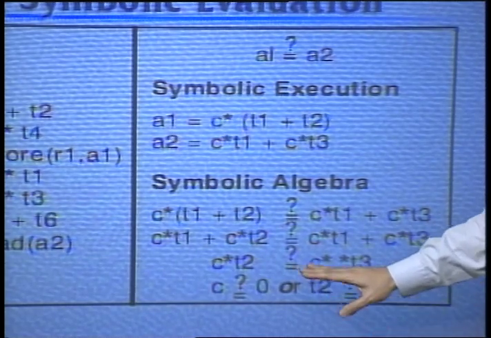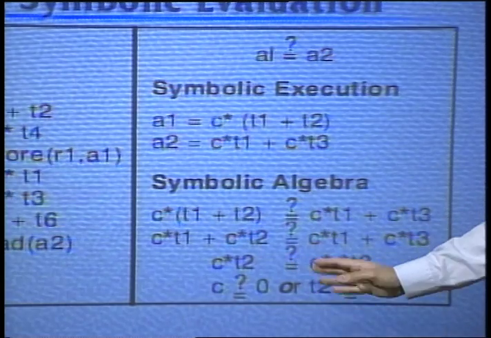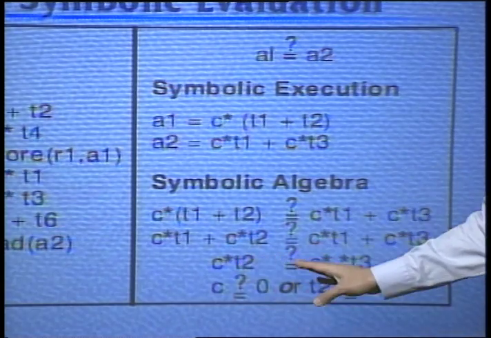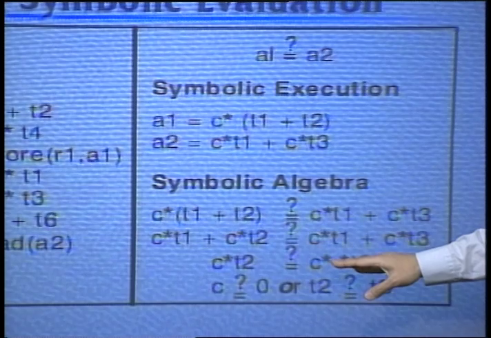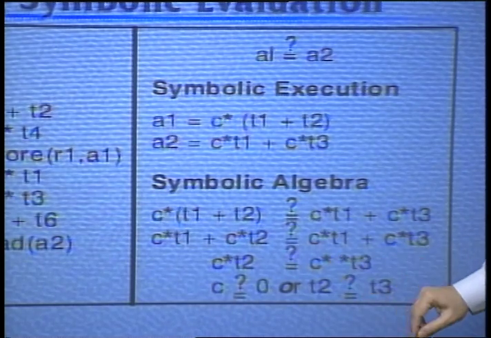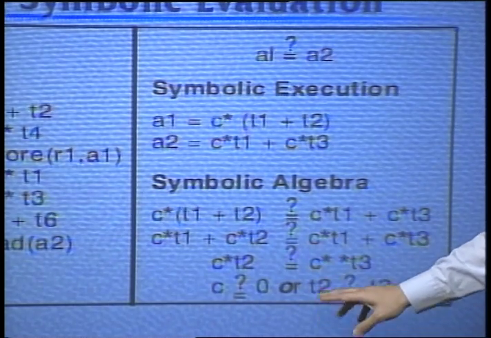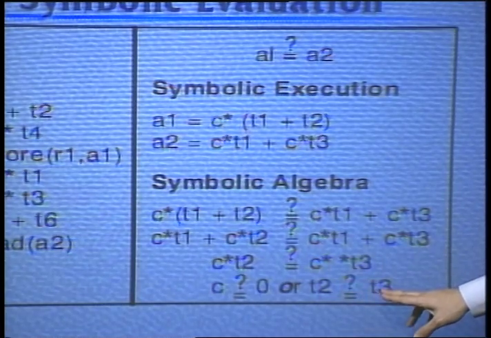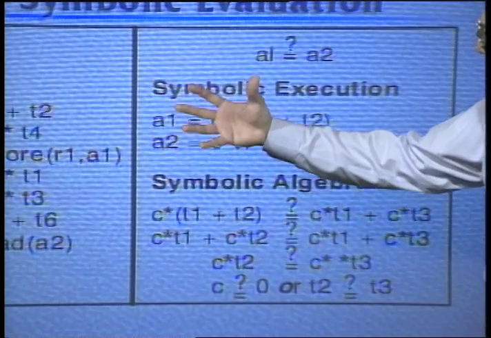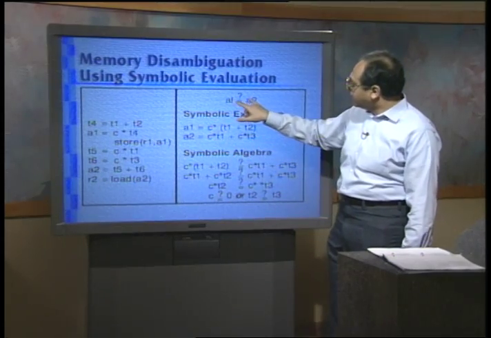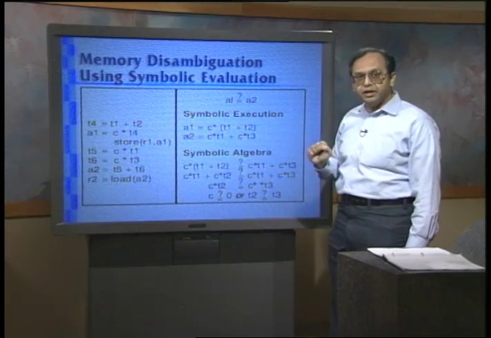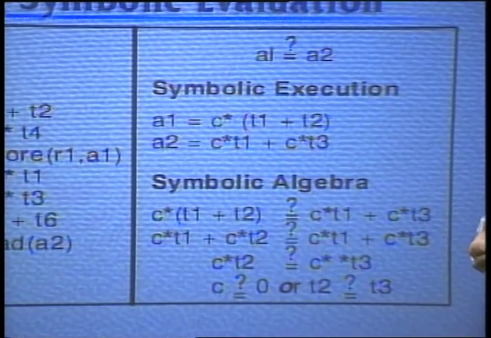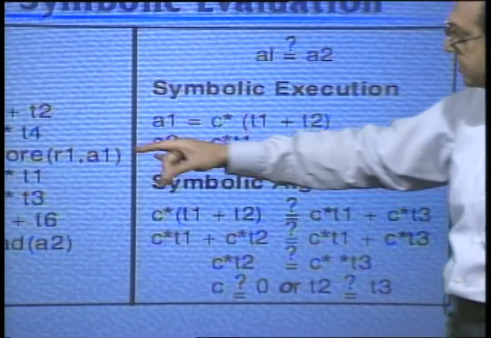And there are two ways we can get an answer. One is if C is 0, then these two are definitely always the same. The other is if C is not 0, then the two expressions are the same if T2 is equal to T3. So as a result of this analysis, we can say that A1 is equal to A2 either if C is 0 or if T2 is equal to T3.